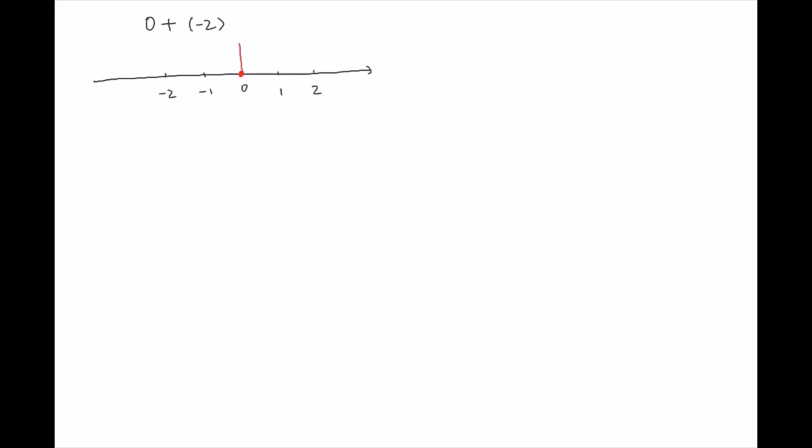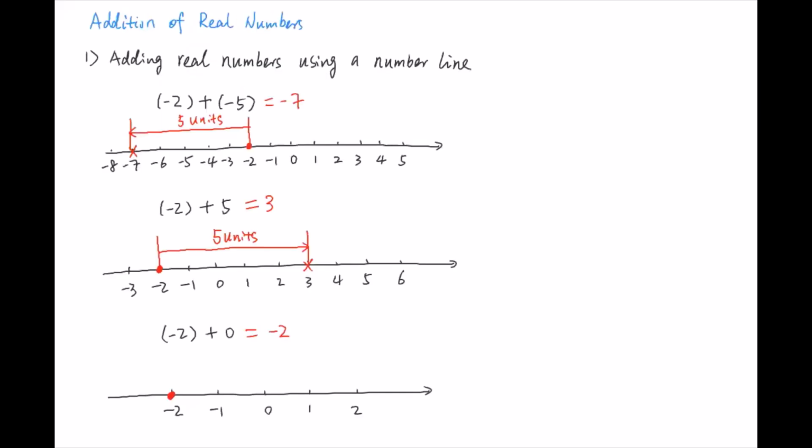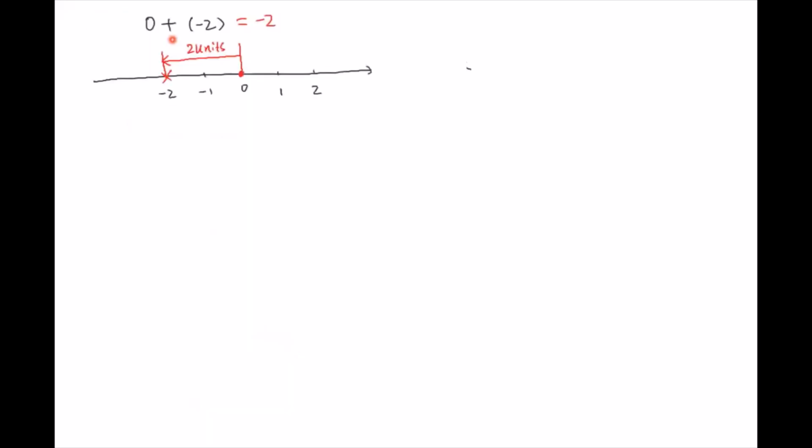Starting from this point, we move to the left by 2 units. So we get this point, -2. So the sum is -2. Now we can see that -2 plus 0 is -2, and 0 plus -2 is also -2.